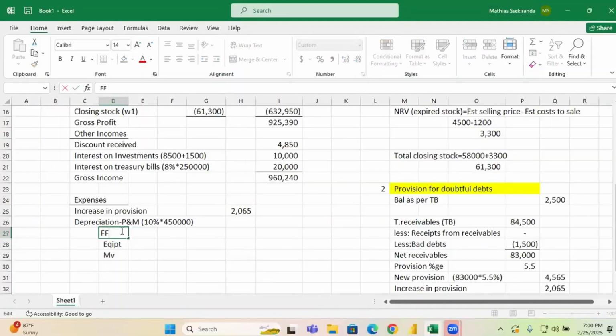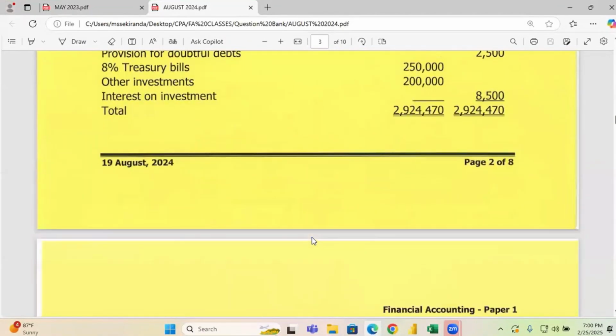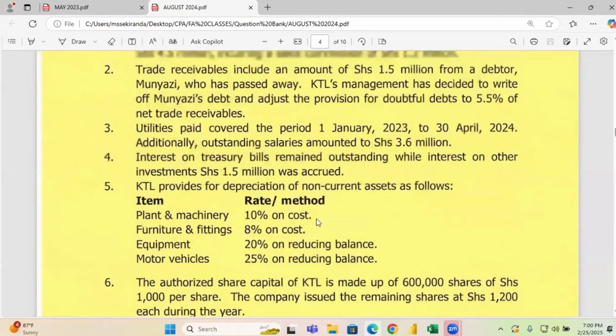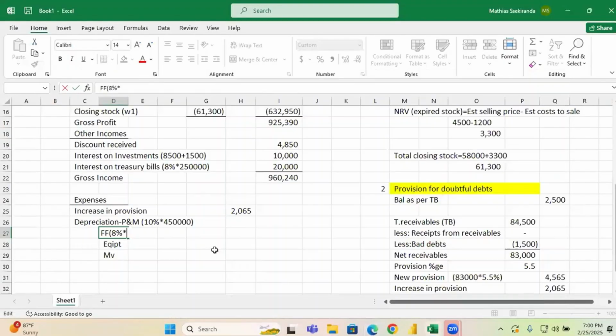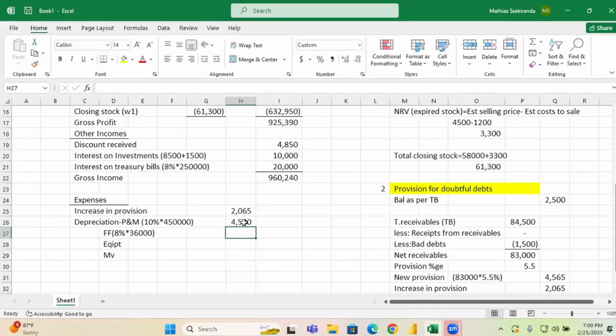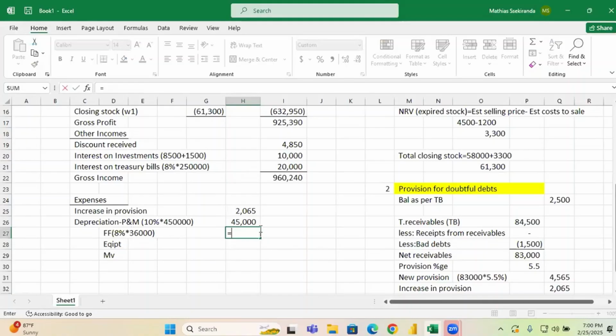And for furniture and fittings, you also get the percentage, 8% on cost, times the cost of the furniture and fittings, 36,000, to get their depreciation.